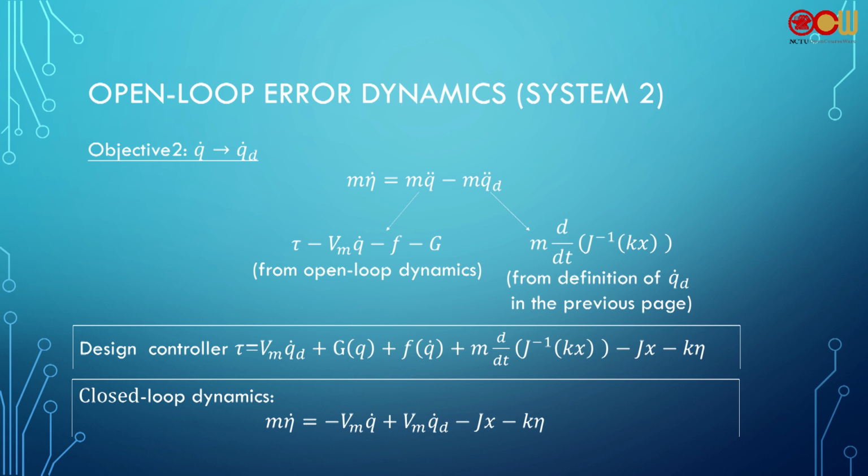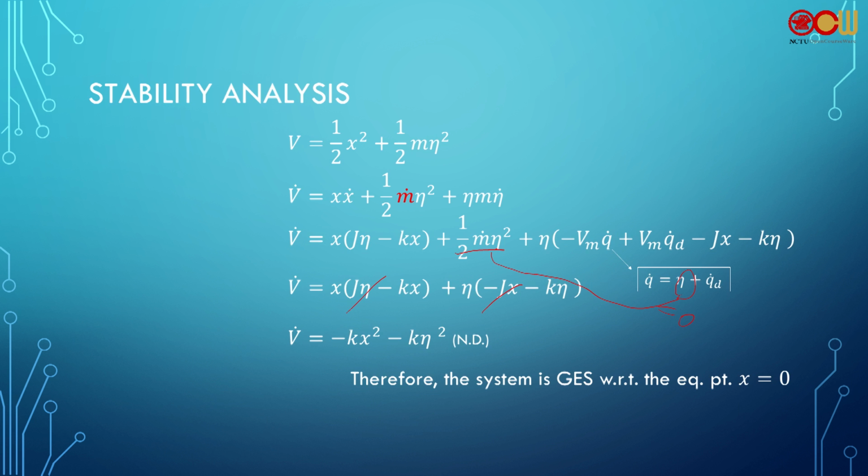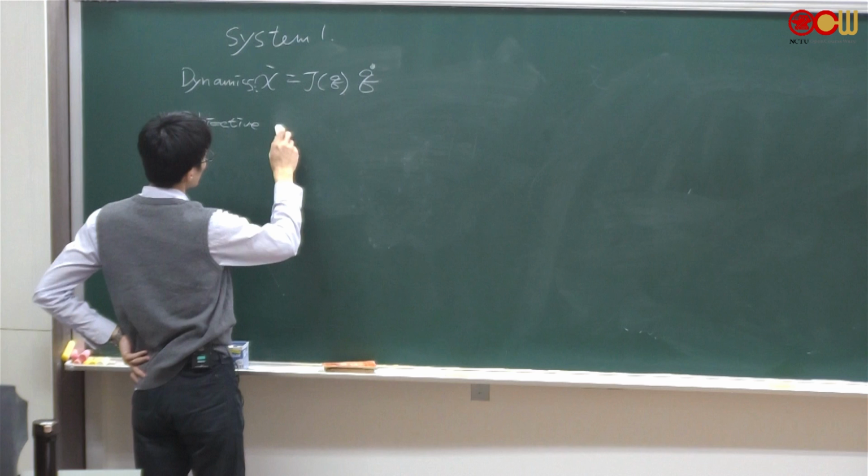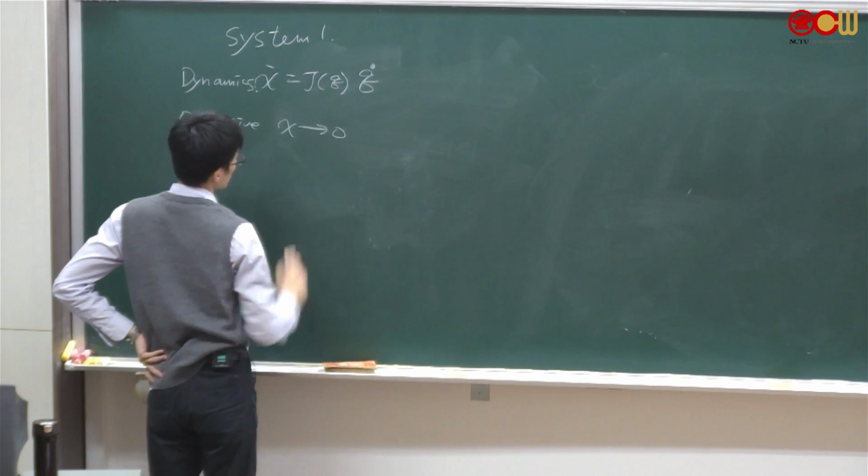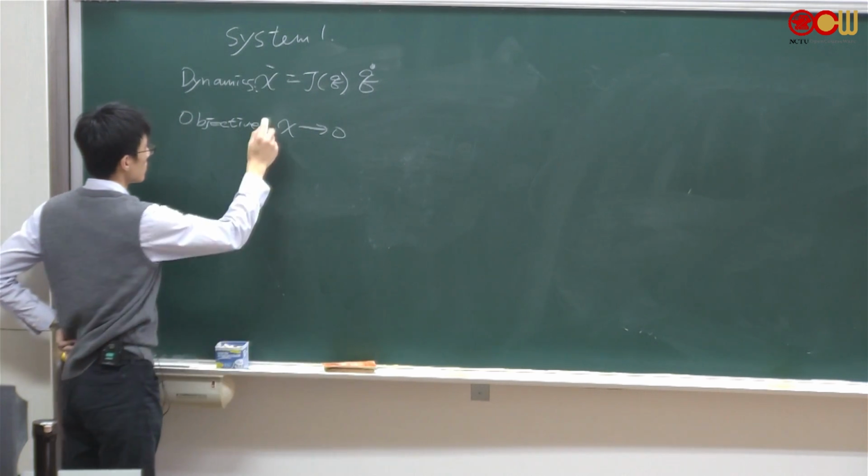Based on the stability analysis, we design these controllers, which consist of a feedback term, a cross term, and a feed-forward or nonlinear term. By substituting this into the open loop dynamics, we get the closed loop dynamics, which is this. Then we can do the stability analysis here to ensure X will converge to 0. X is in task space.